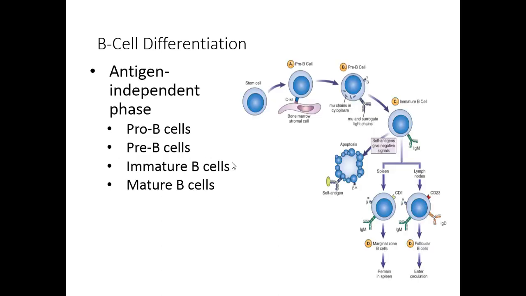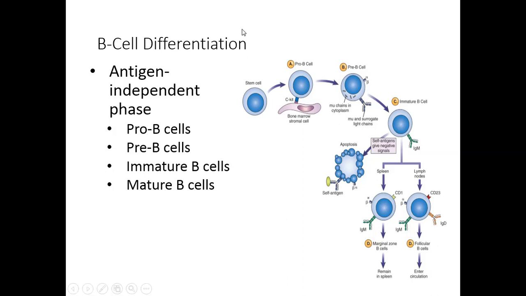We are looking at the figure to the right here, and it depends on how big your screen is on your computer. If you want to, you can look at page 51 of the book and follow along. So what we're looking at in the figure to the right is the differentiation of B cells, and this is where we're going to start.